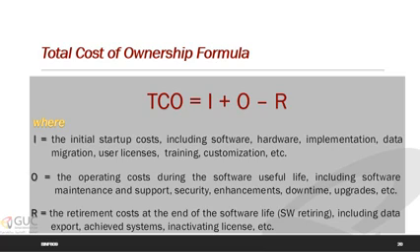And the retirement cost at the end of the software life, including data export, archived systems, and inactivating licenses. So the formula of the total cost of ownership is a summation of the initial startup cost and the operating cost minus the retirement cost. Now let us consider the following example in the next slide.